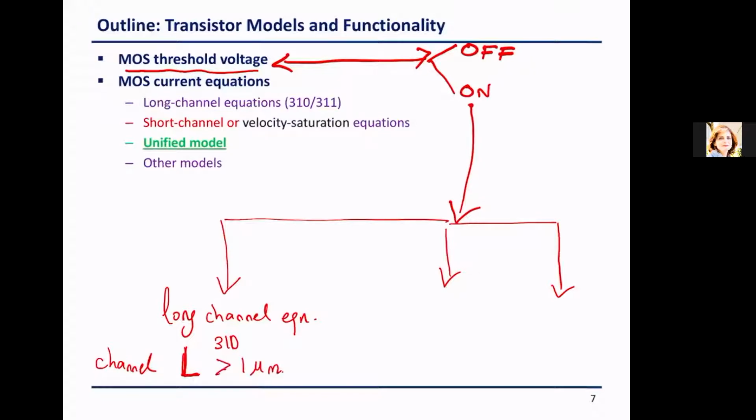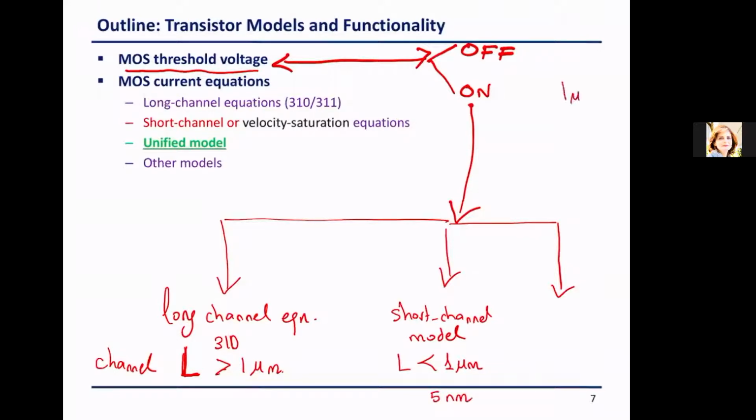For the older type of devices, this long channel model used to hold well. And then we will have something called the short channel model, or the velocity saturation model. And this one, we will talk about briefly because this applies when L is less than 1 micrometer. And really, nowadays devices are around 5 nanometer.